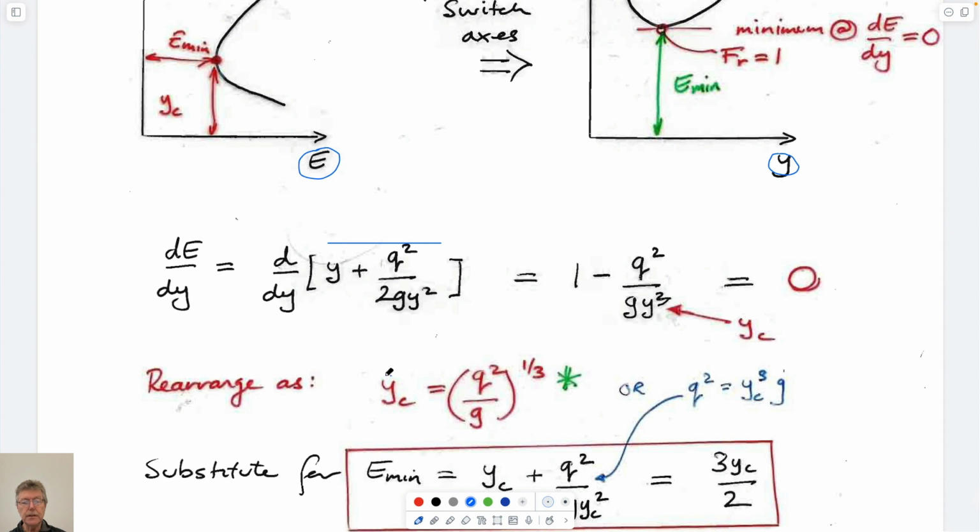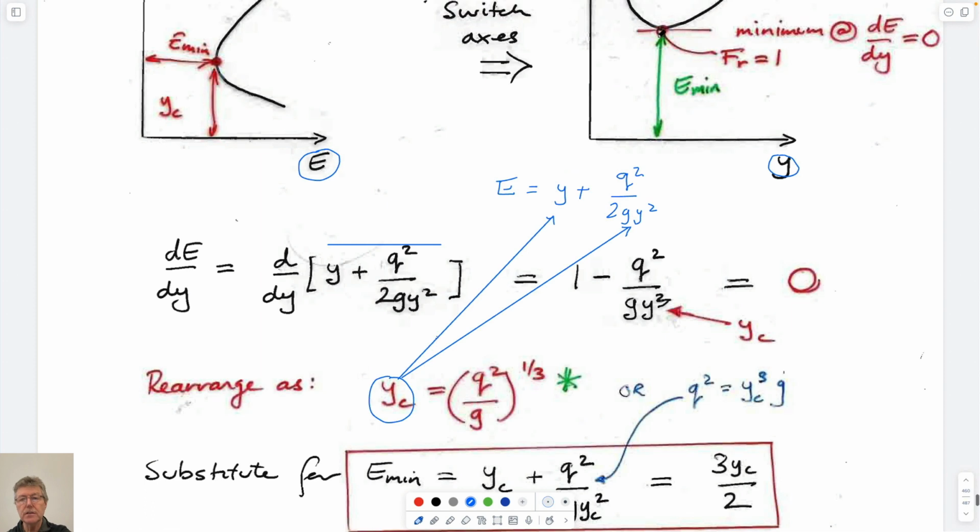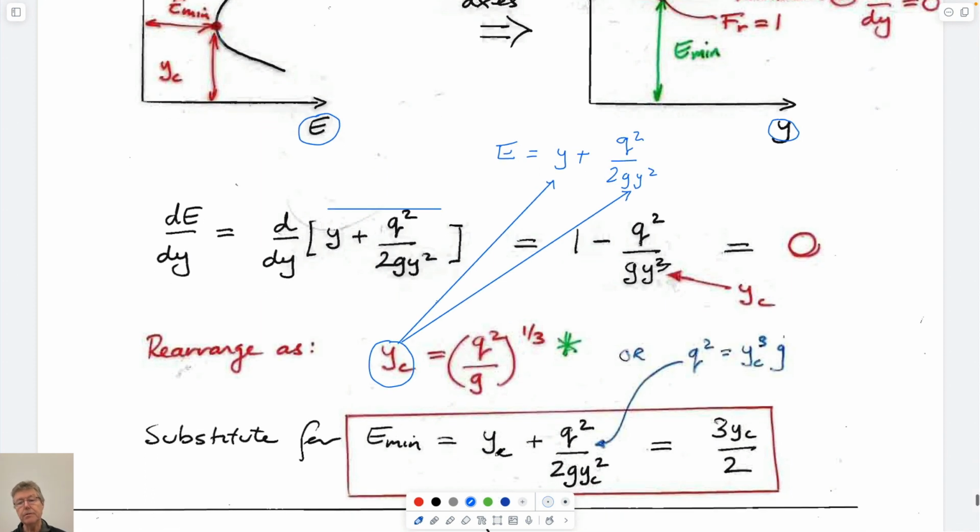And if we substitute this value of y sub c back into E, so E is equal to y plus, I'm just quoting it from here, q squared over 2 g y squared. So if we take this y and put it in here, then we find a standard result that at this point, the minimum energy is related to the critical depth.